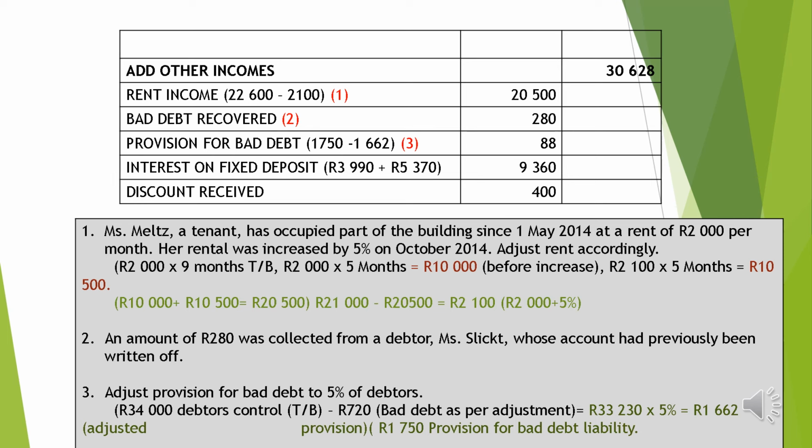The next adjustment is in relation to your provision for bad debt. Provision for bad debt is a liability of uncertain amount or timing. So with this particular provision for bad debt, we set an amount aside as a business to make sure that we cover for a shortfall for debtors that will fail to pay as per our agreement.